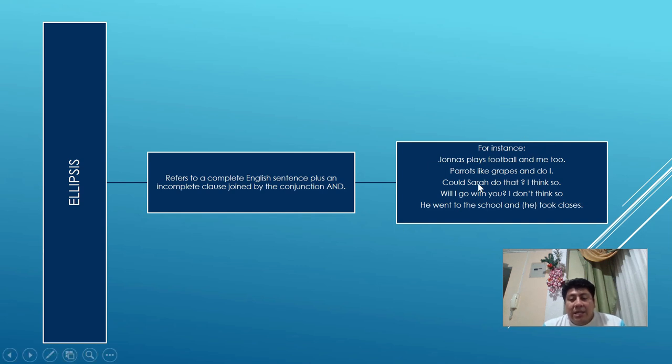In the next sentence, will I go with you? We can use "think so" as well, or "don't think so" in the negative. And finally, he went to the school.